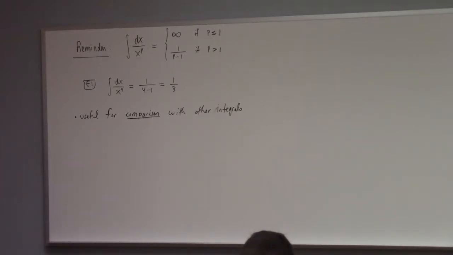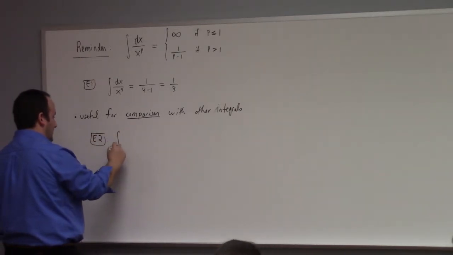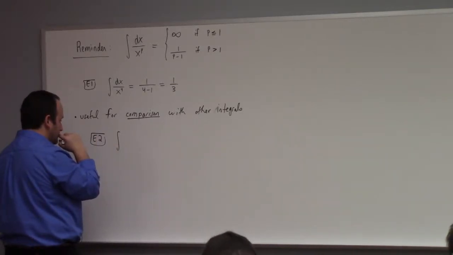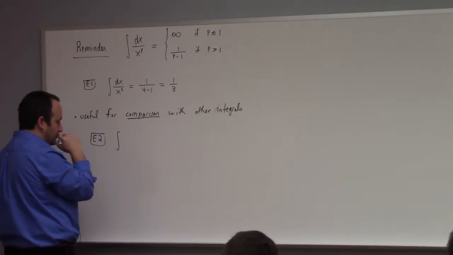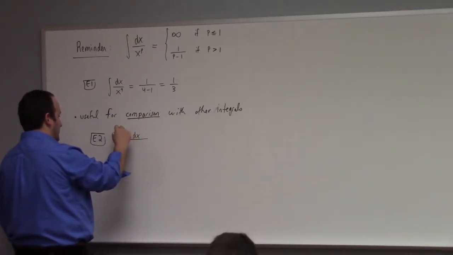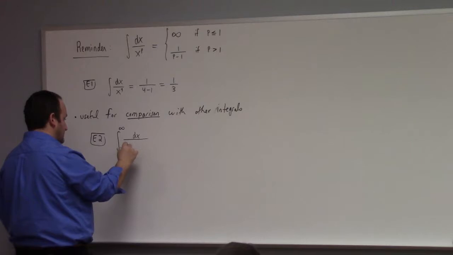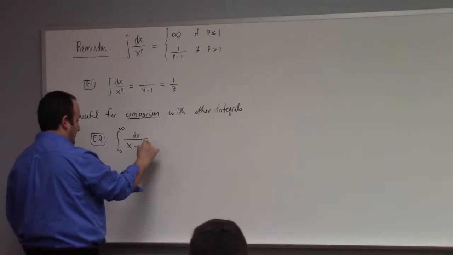Let's look at something a little bit different than that. Example 2. What if we look at the integral from 0 to infinity of dx over x minus e to the x?